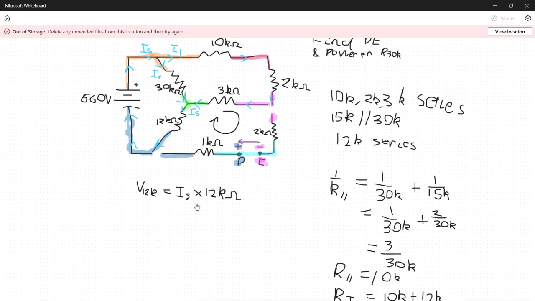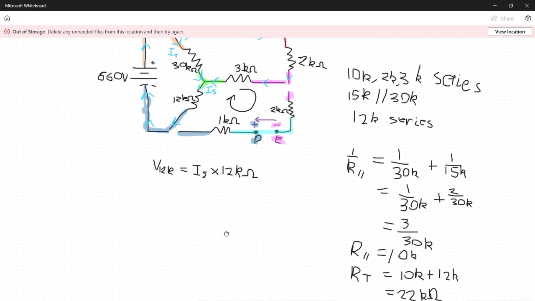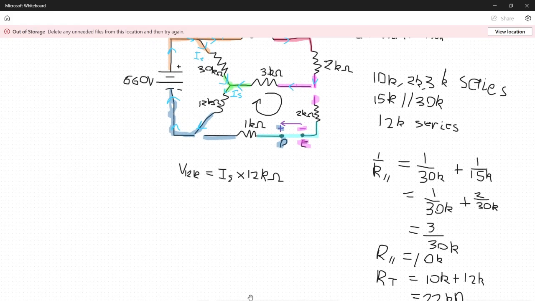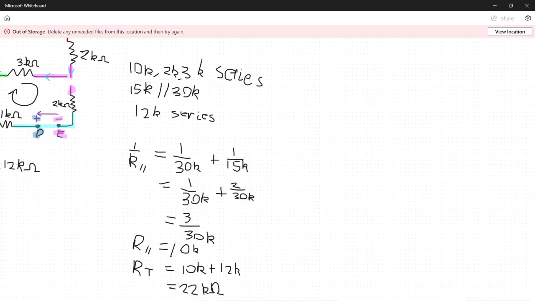Now, to get our I total, we'll say IS, well, let me actually put this over here. So our IS is going to equal our voltage total over our resistance total.